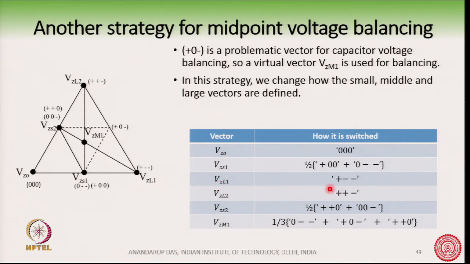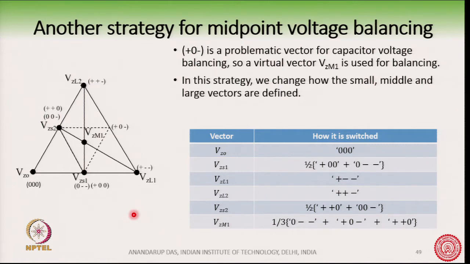Vz_l1, this vector, is formed by switching plus minus minus. Vz_l2 is formed by switching plus plus minus. Vz_s2 is formed by switching half of plus plus 0, this one, and 0 0 minus, this one.